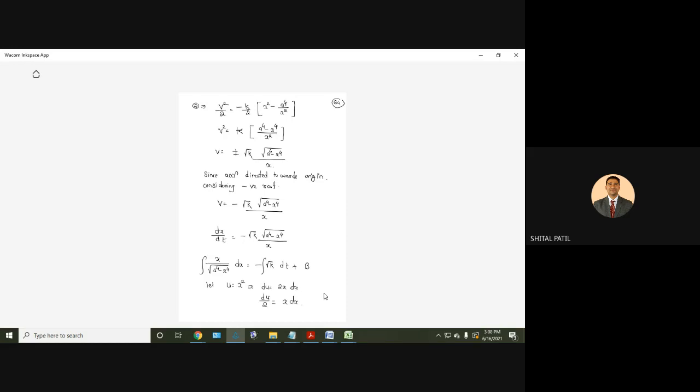So let me go to the next page. So x dx is du divided by 2.